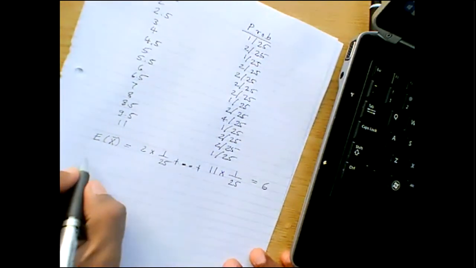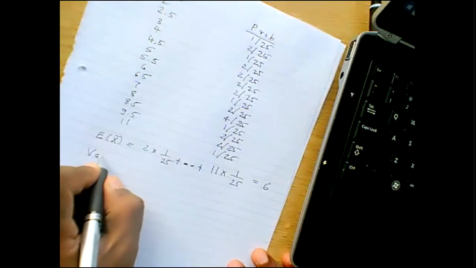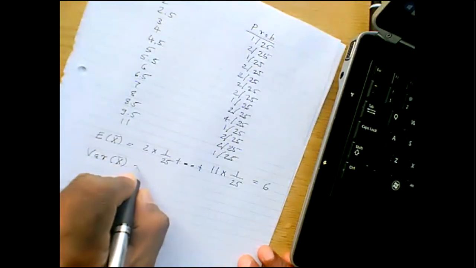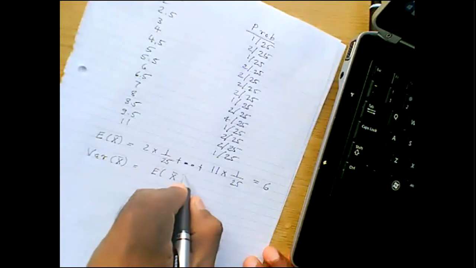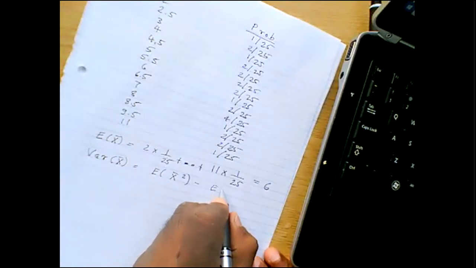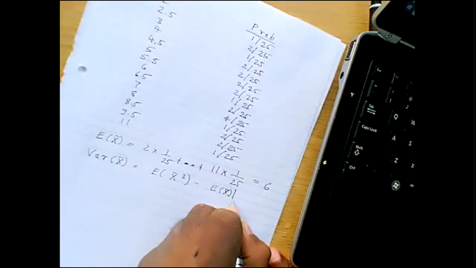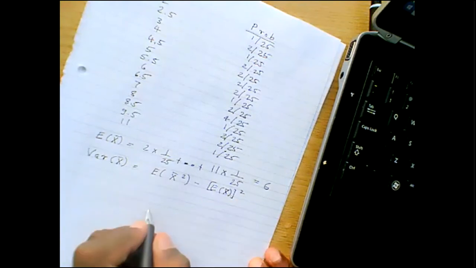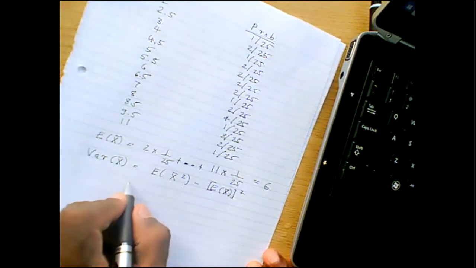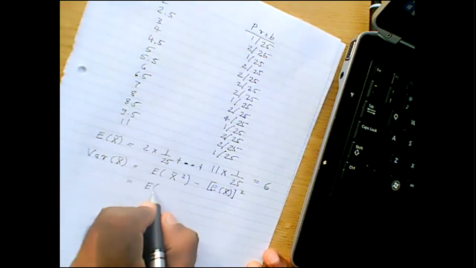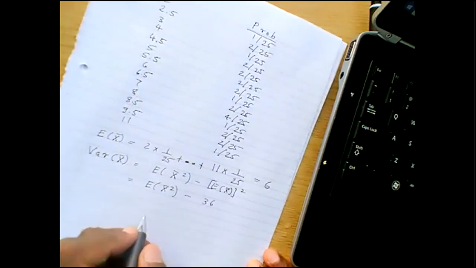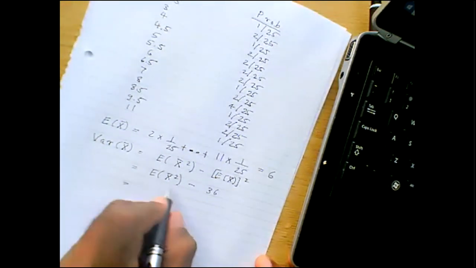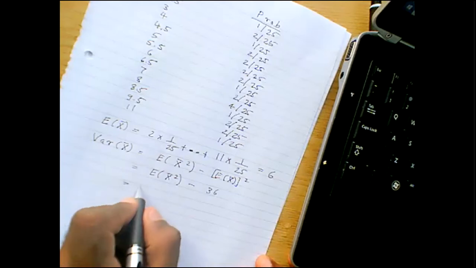The next thing is to find the variance of X bar. To find the variance, I'm going to use the formula that I mentioned to you a while ago, which is this one. So this is going to be 36, and this one we can find similarly as 2 squared.